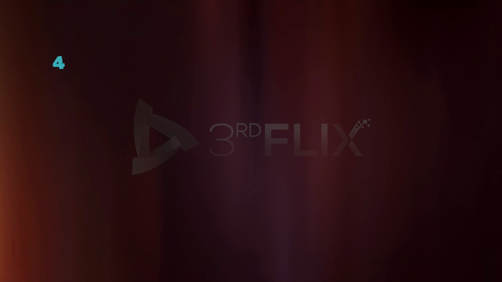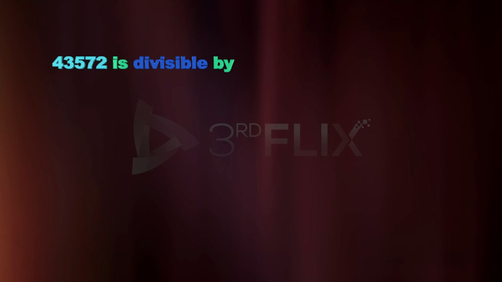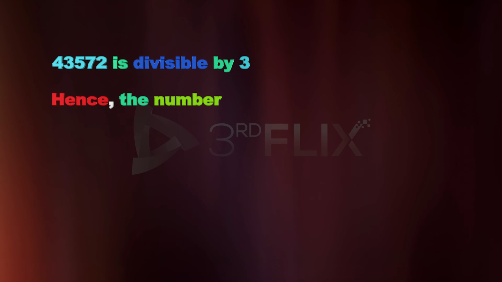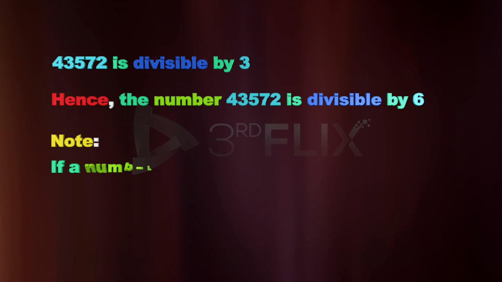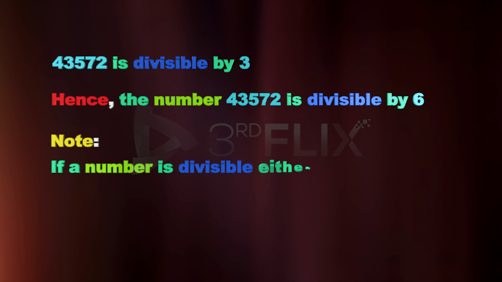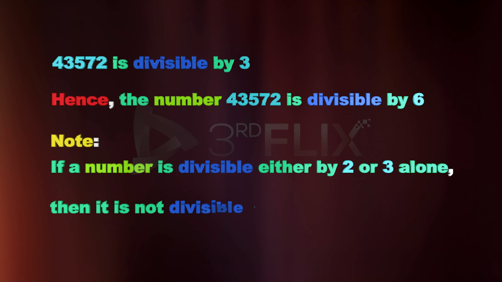So, 43572 is divisible by 3. Hence, the number 43572 is divisible by 6. Note, if a number is divisible either by 2 or 3 alone, then it is not divisible by 6.